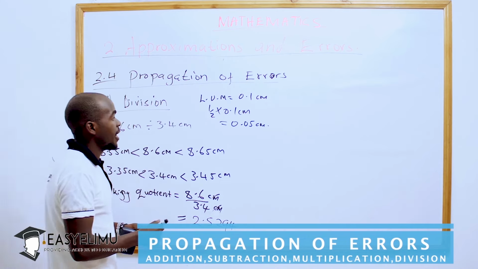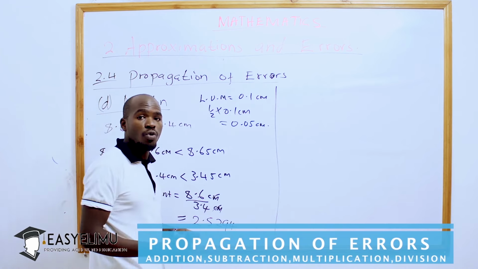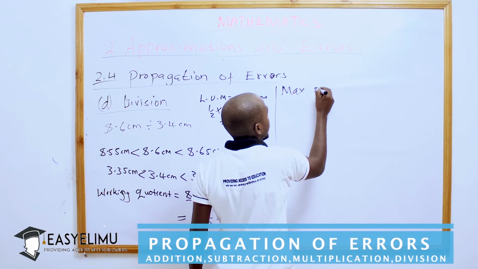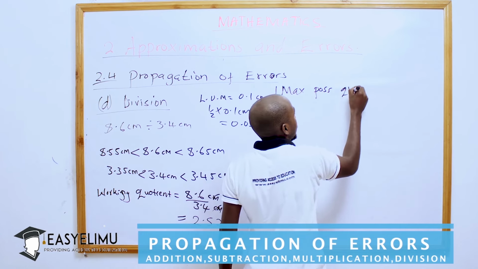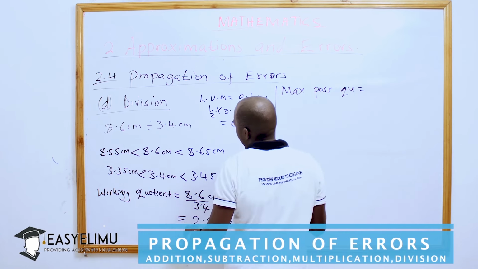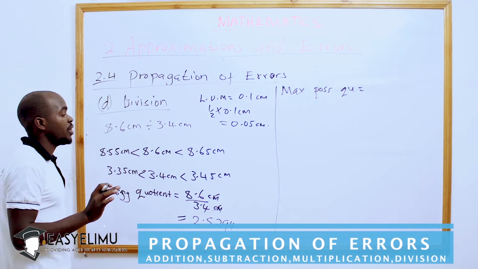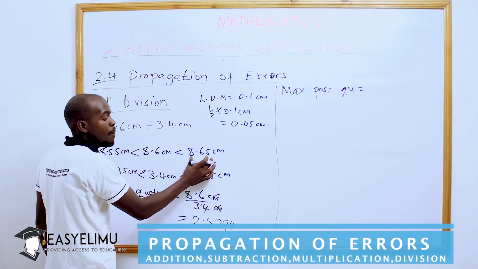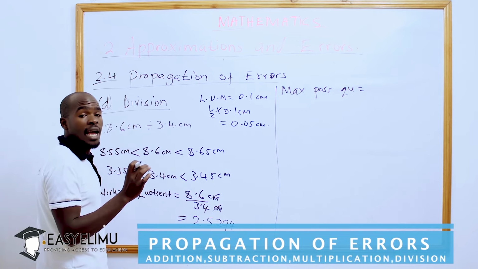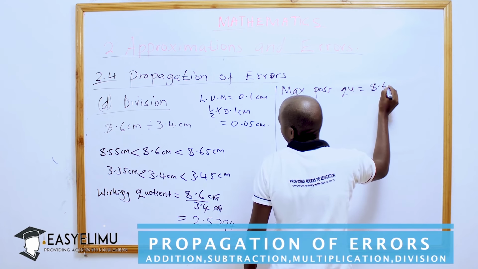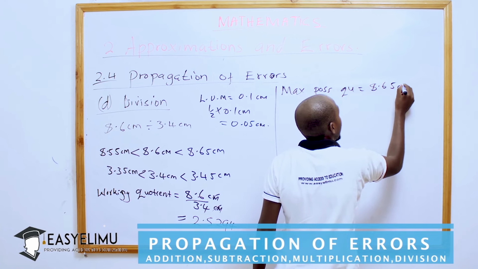And then we shall find the maximum possible quotient. For division, what we do here is take the greatest upper limit, which is 8.65 centimeter.